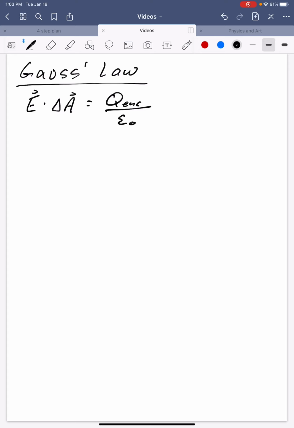And here E and A are both vectors, and I'm taking a dot product, which means E in the direction of A, or E A cosine theta equals Q enclosed over epsilon naught. Now A that we're talking about is the direction perpendicular to the surface.